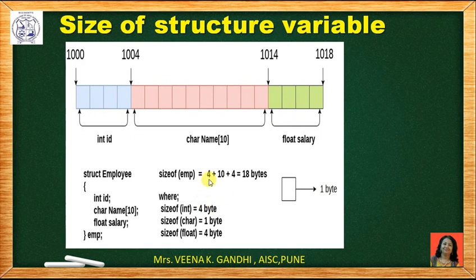So 4 for ID, integer type, then 10 for the character array, and plus 4 for float type. So 4 plus 10 plus 4, 18 bytes of memory will be allocated. This means the size of a structure is equal to the sum of the sizes of its members.